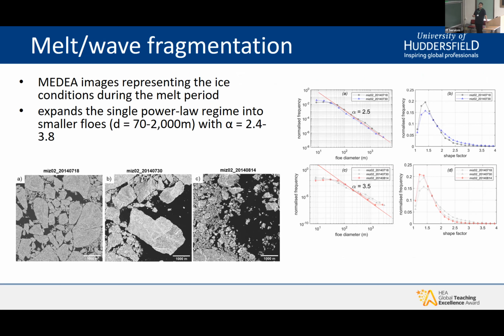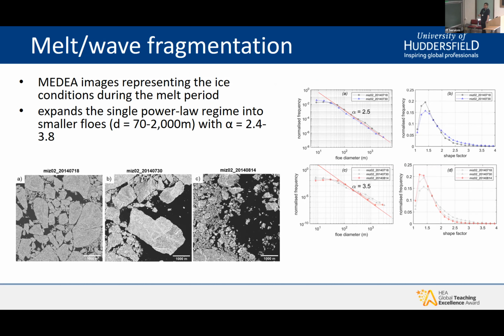Just ignore the wave in this case, sorry. This is the more melt-dominant period. When we analyze these 3 images, we consider them as intensive melt happening during the time. And then we analyzed the floe size.